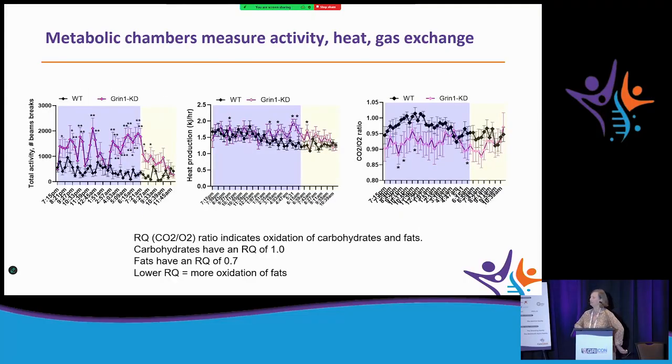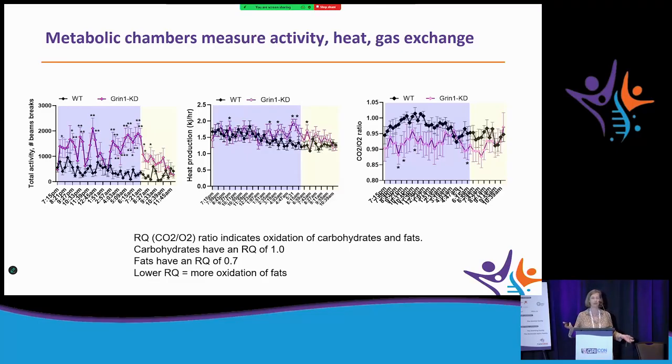The other thing that we did to start to look at what's going on with their metabolism is to put them in these metabolic chambers. The animals are housed there for no more than 24 hours. After we let them settle in, the chamber is sealed up so that you can measure oxygen consumption and CO2 production. That can give you an idea of their respiratory exchange rate.